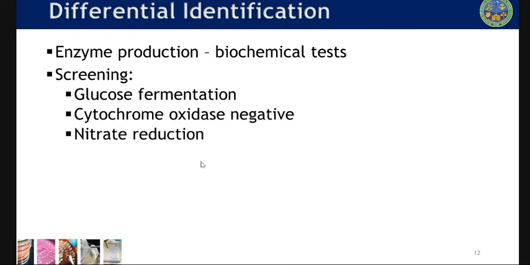Number one is glucose fermentation. Another one is cytochrome oxidase, and mostly all Enterobacteriaceae are cytochrome oxidase negative. And then another one is nitrate reduction, the reduction of nitrate to nitrite. So these are the three screening tests that lead to the identification of bacteria under the family Enterobacteriaceae.